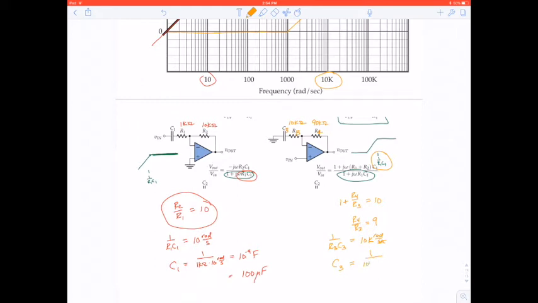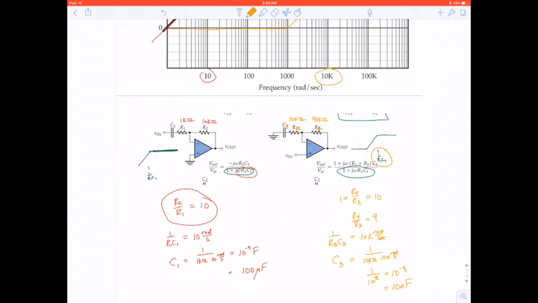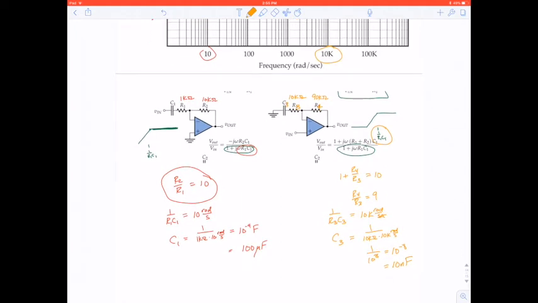So we have 10 kilo ohms times 10 kiloradians per second. So that's 1 over 10 to the 8, right? Which is 10 to the minus 8, which is 10 nanofarads.